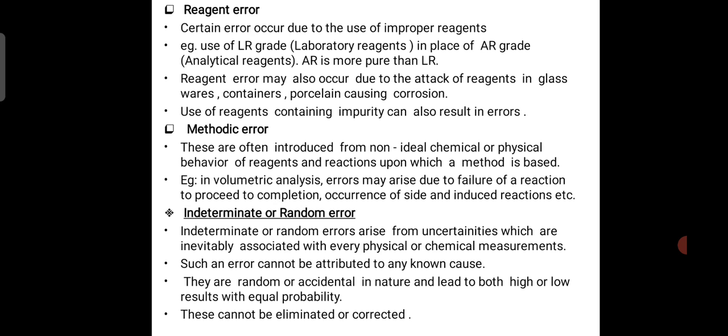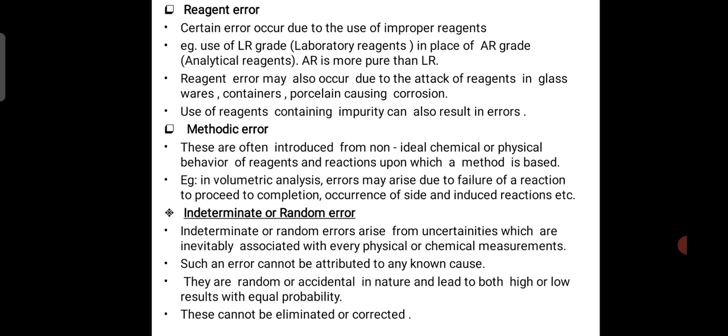Then reagent error means if we use expired reagents, or sometimes the reagents react with our glassware or containers, this also may lead to errors. There are two types of reagents, laboratory reagents and analytical reagents.